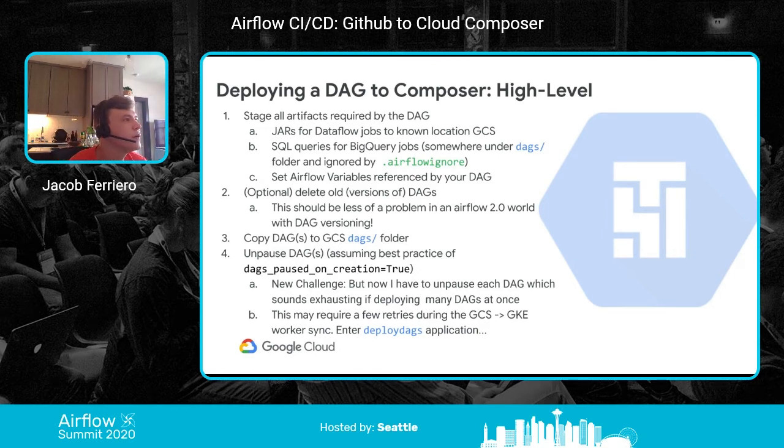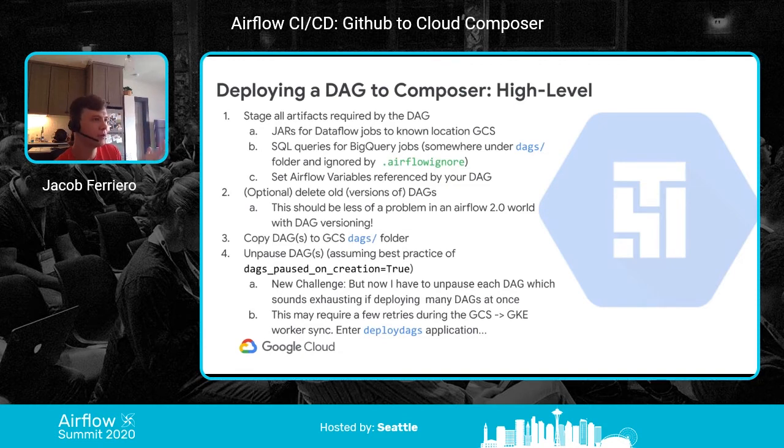Okay, so another thing we run into is that in the Airflow 1.10 world, we do not have DAG versioning. So if you need to update a DAG for any reason, the process you have to follow is either to deploy a new DAG with a new name or to delete the old DAG entirely and then redeploy it.